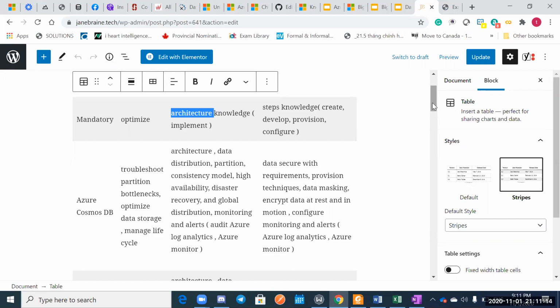So you need to be able to tell which step is the first one and which step is the second, and follow like that. So you need to know how to create, how to develop, how to provision and configure.